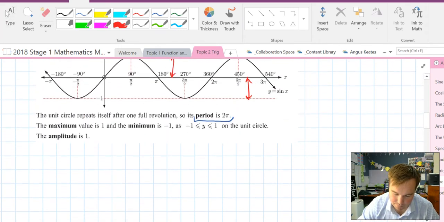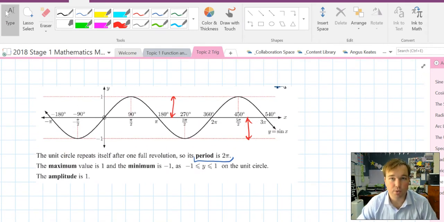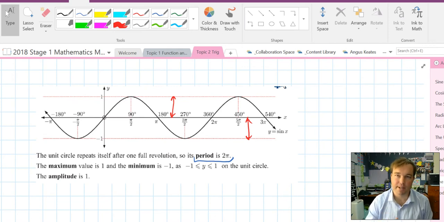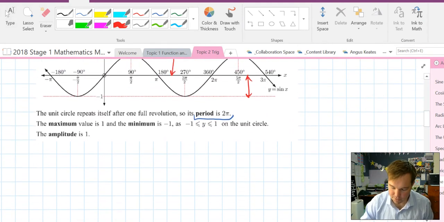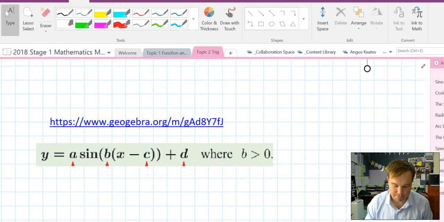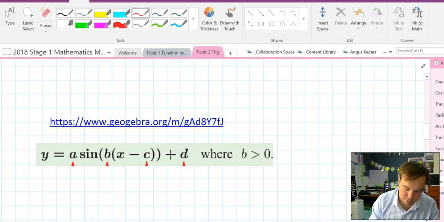Alright, now this curve is cool, and what's even cooler, we can transform it and turn it into the same shape, but modeling very different sets of data and scenarios. And in order to learn how to manipulate this graph, we need to add a few more variables in. So we can put a variable at the front, which we traditionally call a, b, x take c, plus d.